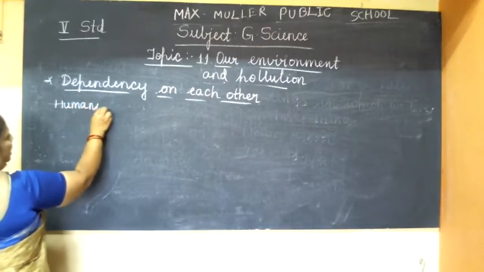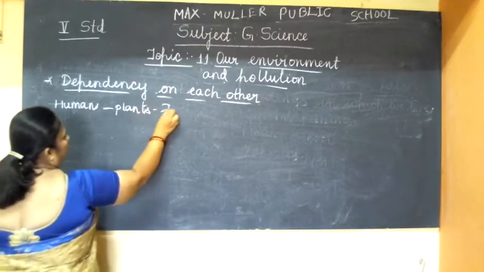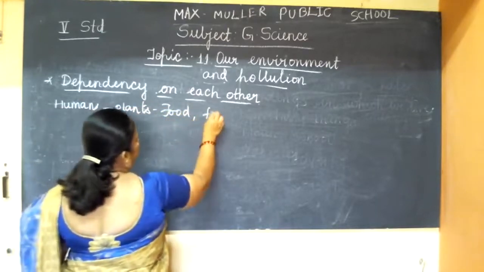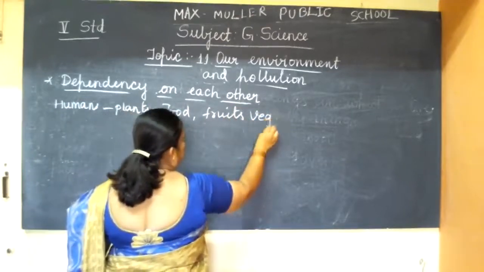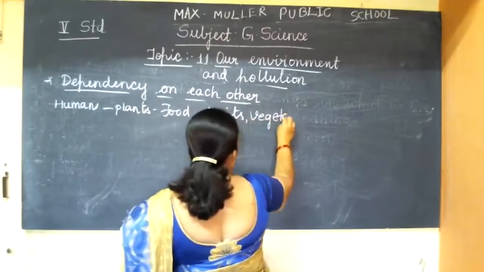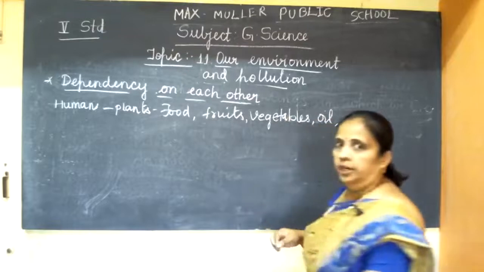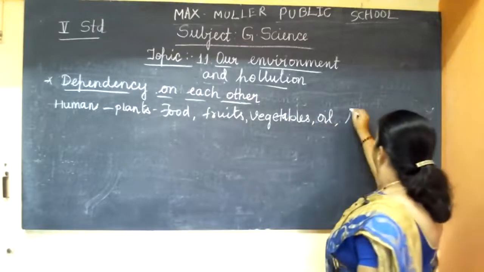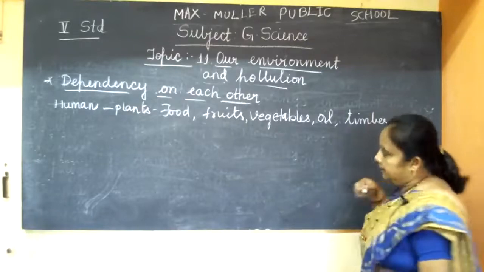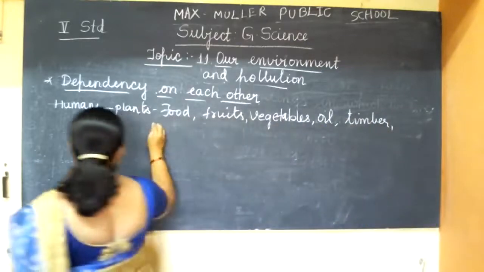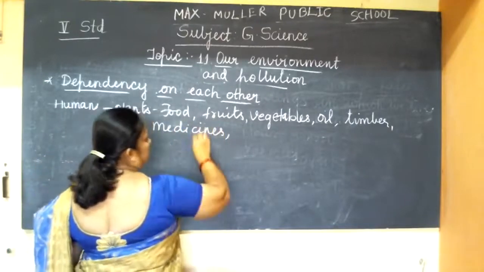Okay. So humans are dependent on plants for food, fruits, vegetables, oil, sunflower oil, coconut oil, then timber, as I said, wood, then medicines, so many things you can list.